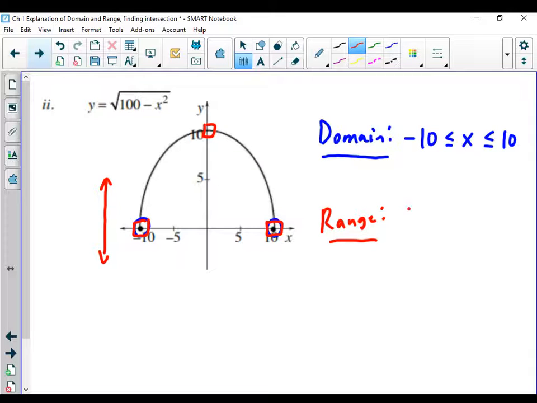So I'm going to say the range goes from 0, that was less than or equal to y, which was less than or equal to positive 10. And so if you start with the smallest and go to the largest, I'm always going to have inequalities that look like this. Domain is thinking left to right, because those are the x values. Range is thinking bottom to top, because those are y values.